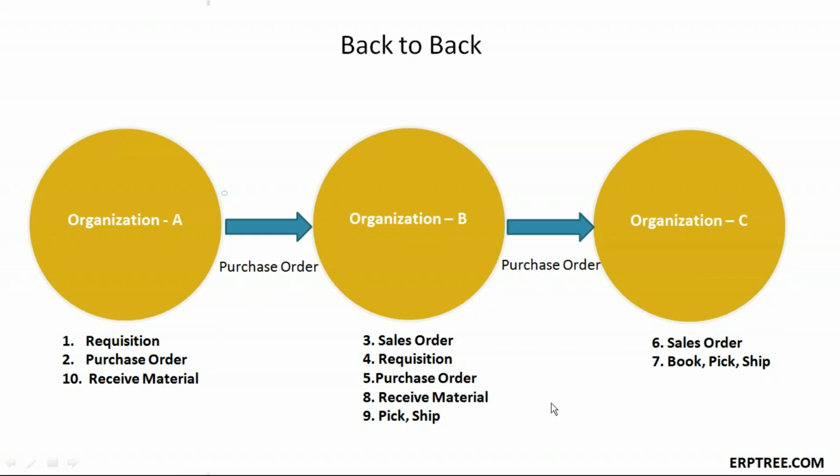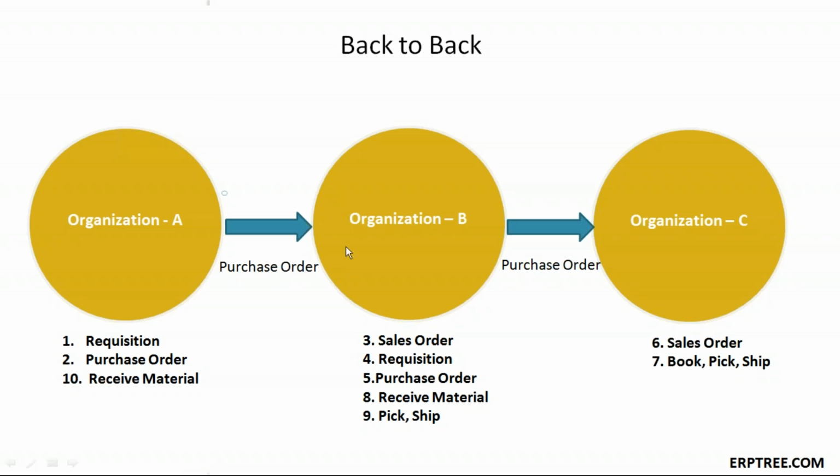Now, what is organization B doing here? Organization B is not maintaining the stock. Whenever they get the order from their customer, they place the same order to organization C. Finally, organization B fulfills their customer demand.